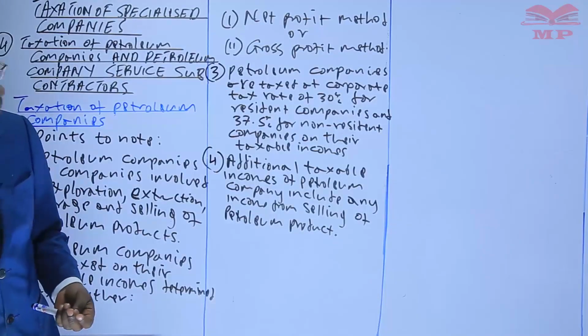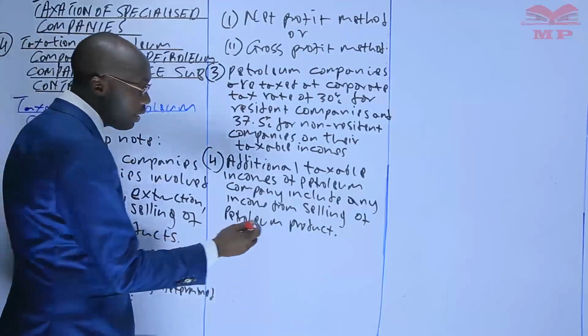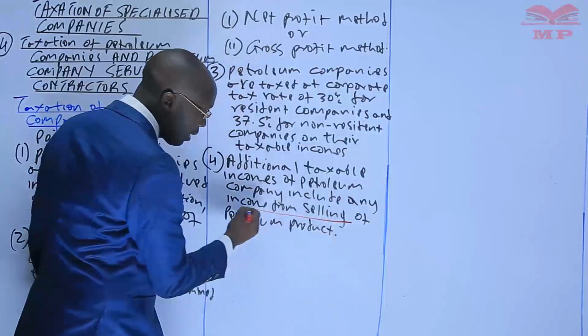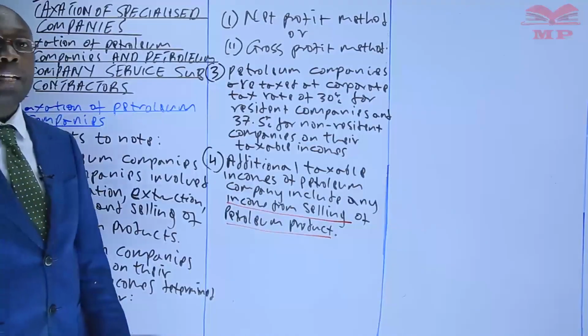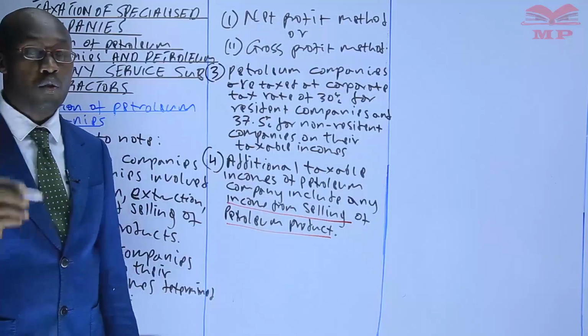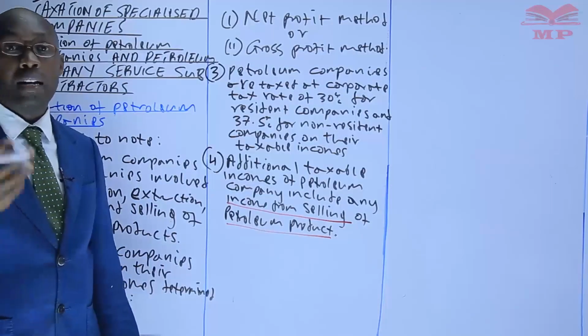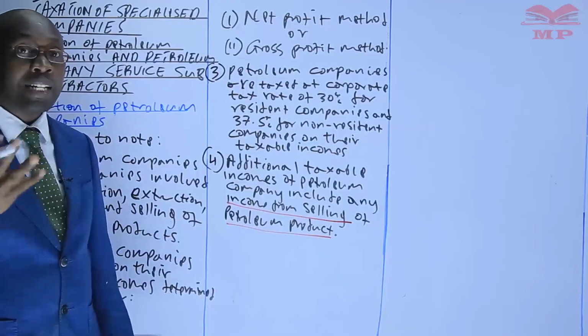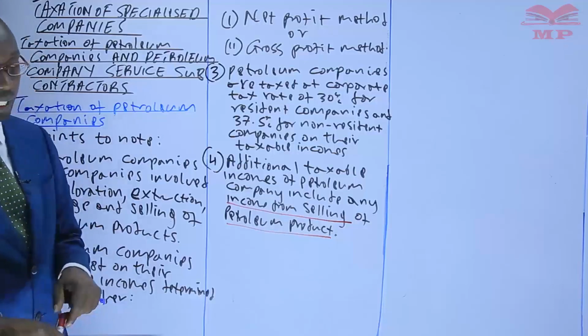And you are saying this taxable income is additional: any income from selling of the petroleum product. Petroleum product is what the petroleum company extract from the crude oil. It can be a natural gas, it can be diesel, it can be petrol. So when they sell and make an income, that is supposed to be an additional taxable operating income.